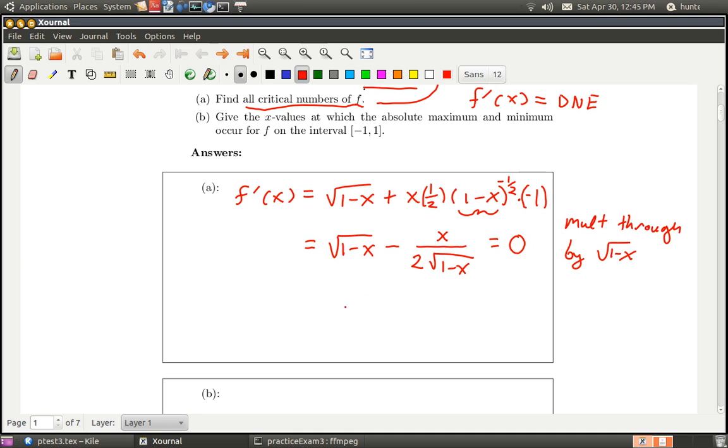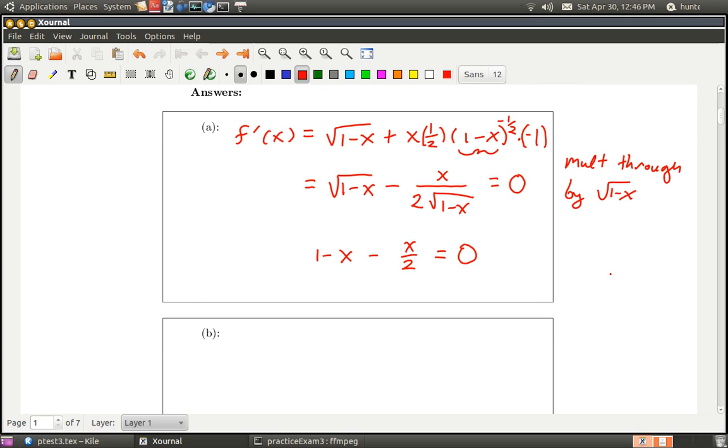Alright, so what happens after I do that? I get 1 minus x for this part because this thing times itself is 1 minus x. And it's going to cancel this 1 minus x down here. And I get minus x over 2 is equal to 0. Okay, so that looks good.